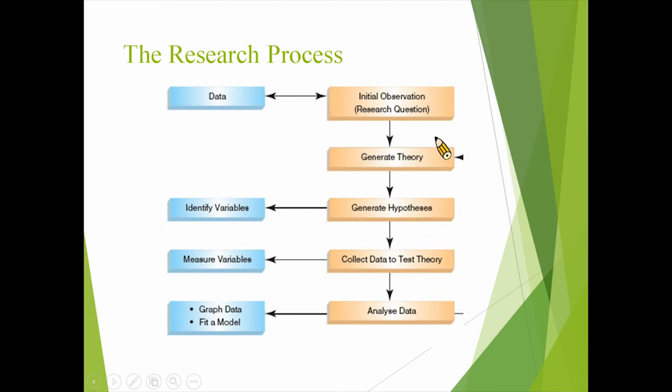This is the research methodology, and you need to identify the variables. Then you do the questionnaire, the survey, and collect the data. Finally, you need to analyze the data and come out with graphs, and see whether your hypothesis fits the model.